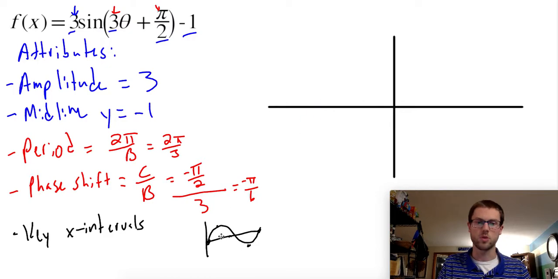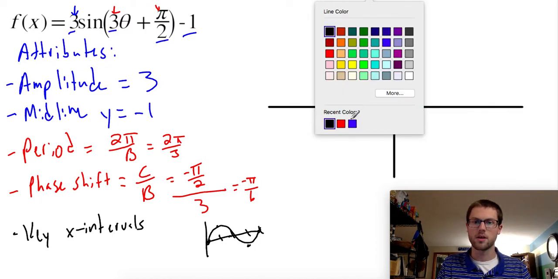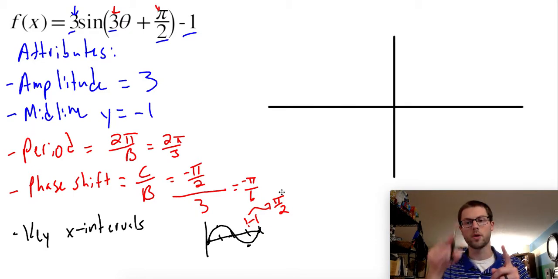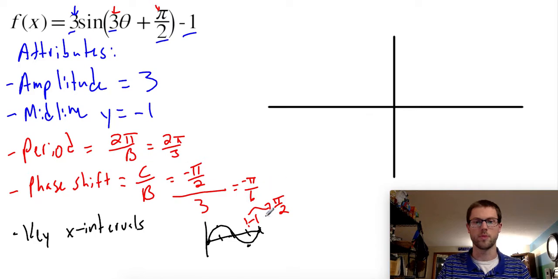And the spacing between each of these key values on the x-axis is pi over 2. That's the typical spacing between my key intervals, and that's the one full period length of 2 pi chopped up into quarters, which would be pi over 2.